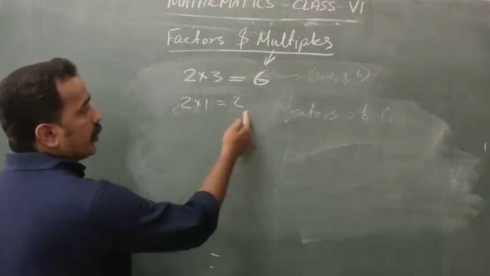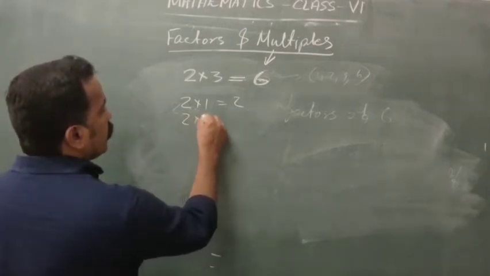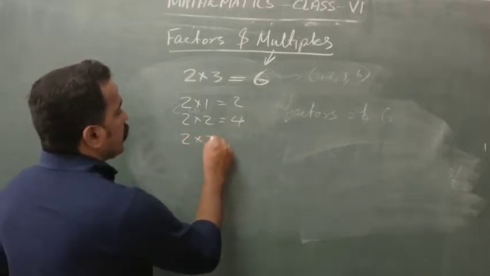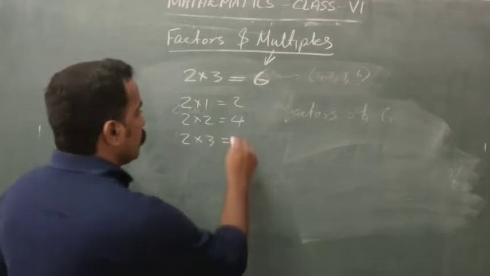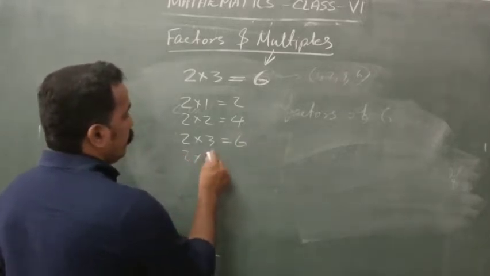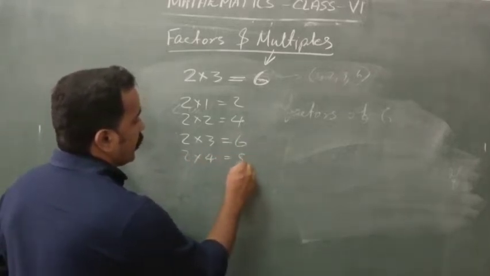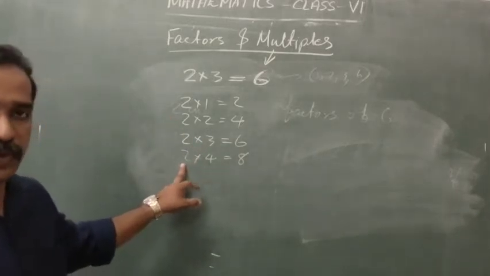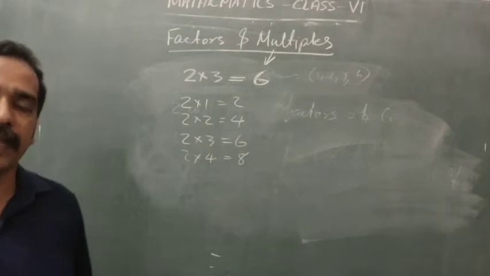So 2 into 1 is equal to 2, 2 into 2 is equal to 4, 2 into 3 is equal to 6, 2 into 4 is equal to 8. In that way we can find the multiples of 2. How many multiples is a number having?